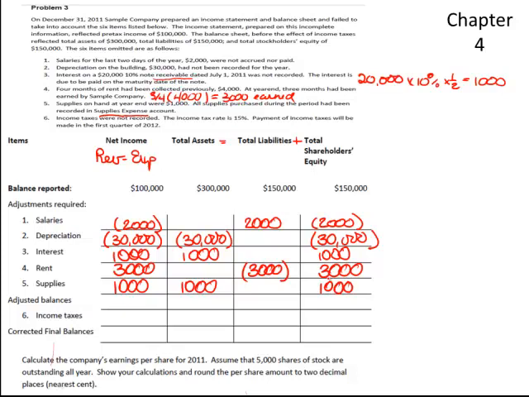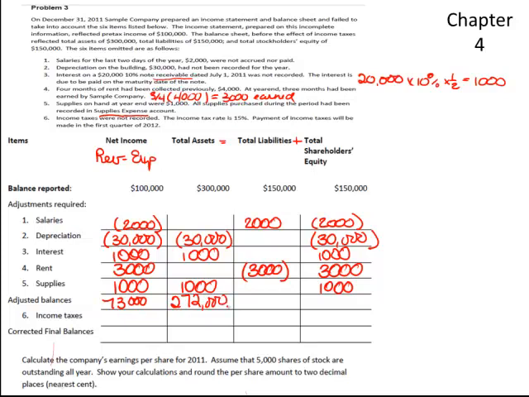So right now we're going to take an adjusted balance. Notice that net income started at $100,000, and with all of these adjustments, net income is now at $73,000. Assets started at $300,000 but have been adjusted now to $272,000.